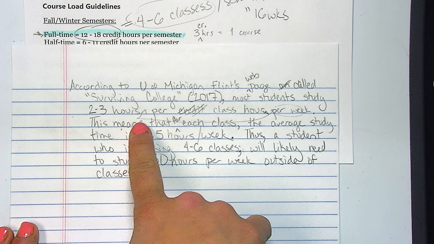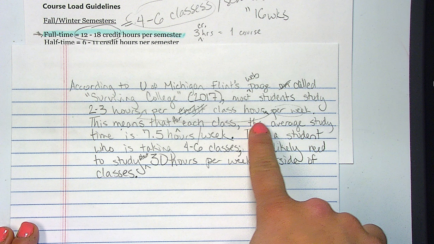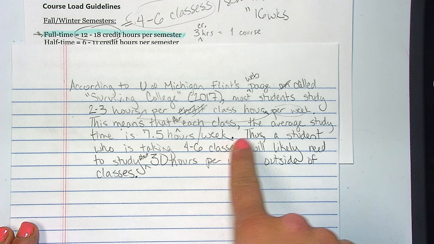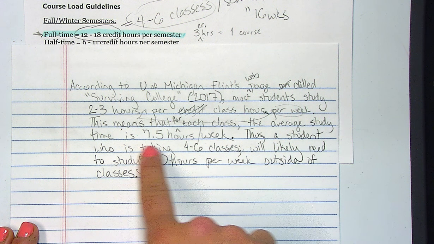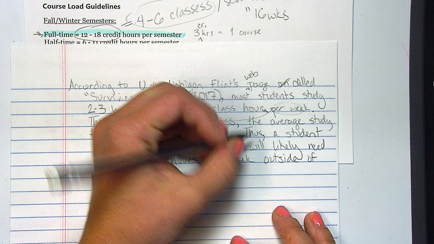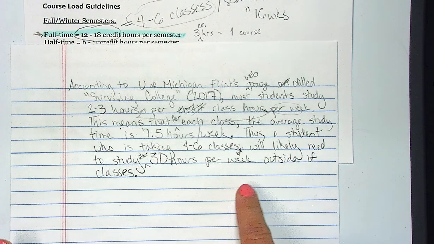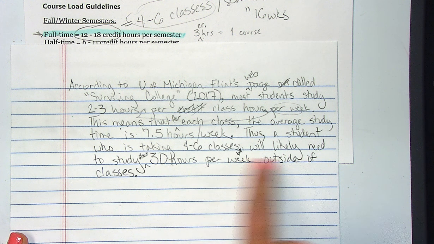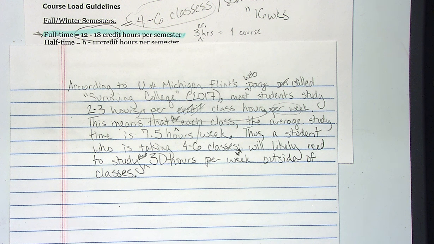This means that for each class, the average study time is 7.5 hours per week. Thus, a student who is taking 4 to 6 classes, that's an extra comma, I don't need that, editing, will likely need to study about 30 hours per week outside of classes. So this is an example of an academic paraphrase.